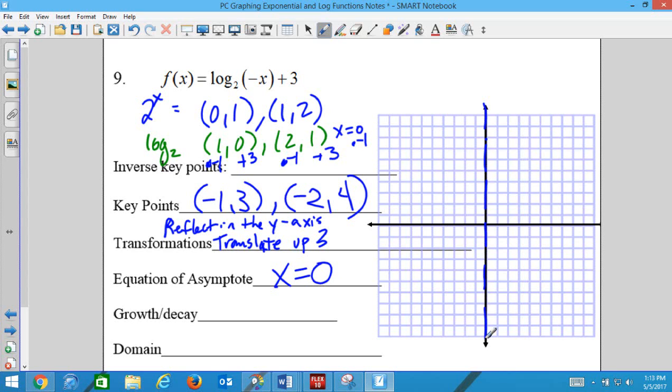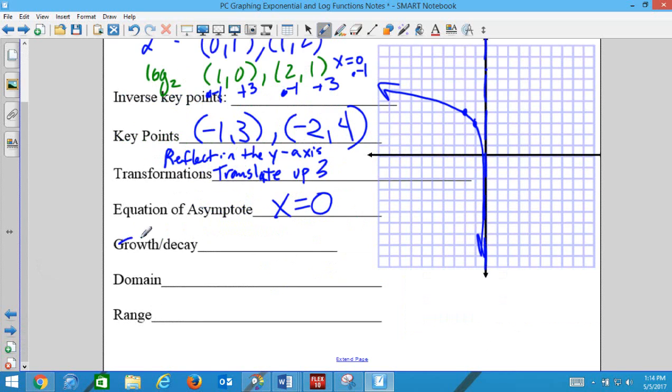So we graphed (-1, 3) and (-2, 4), and remember it gets closer to the asymptote. So it's something like that. The domain is going to go left, -infinity, to right, 0, and then range is everything.